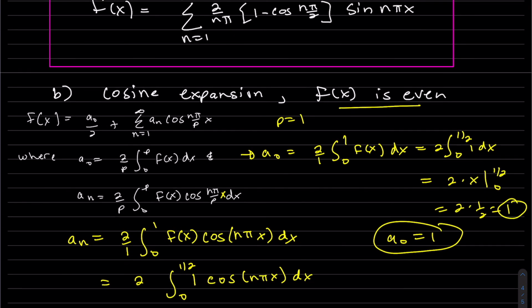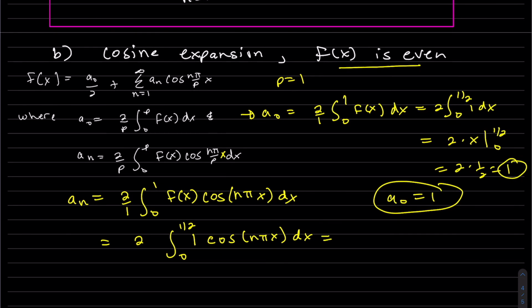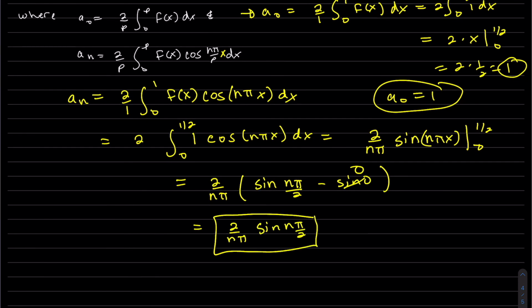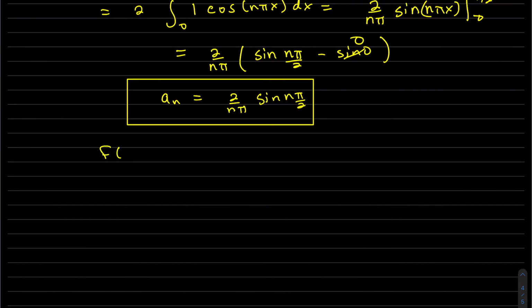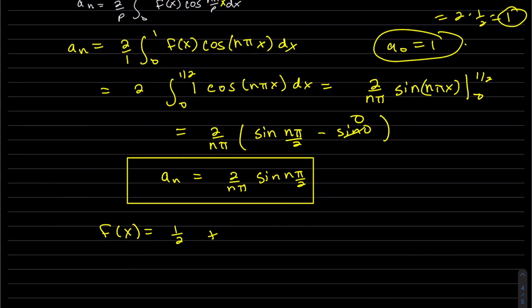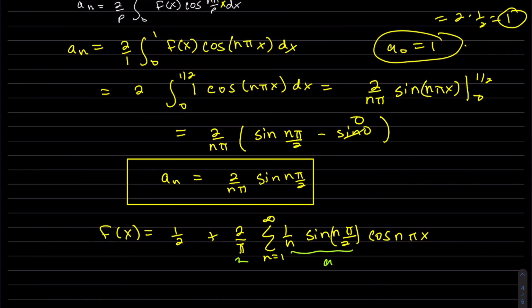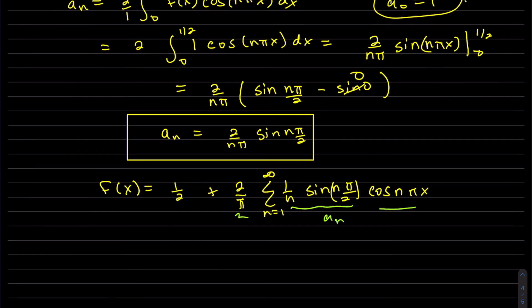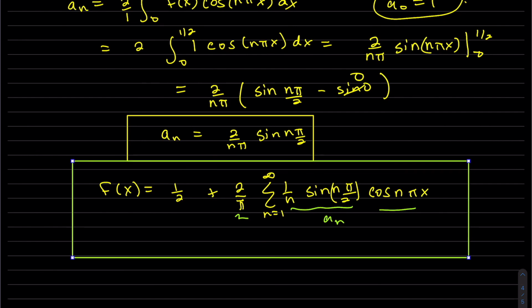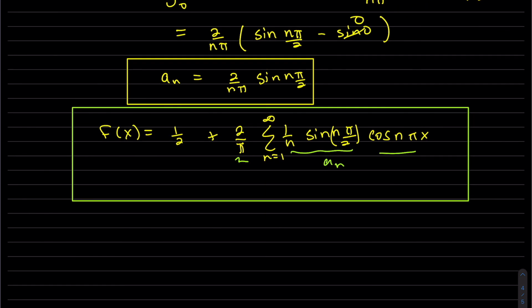I put it in up there, but not this one. So a naught was 1, so it's 1/2. And this is my a n. That's part of my cosine expansion. And that's our example.